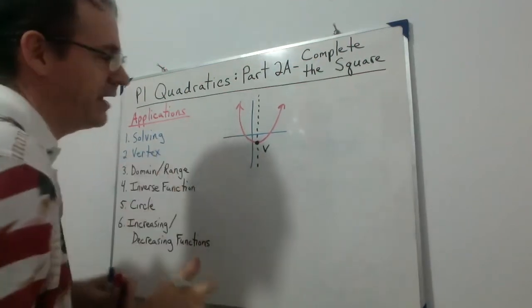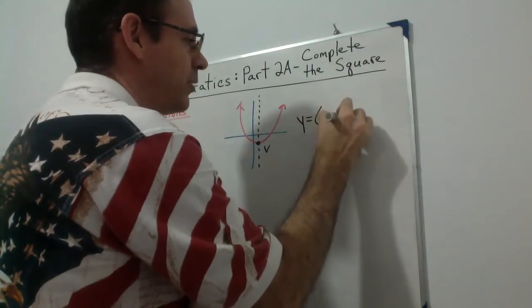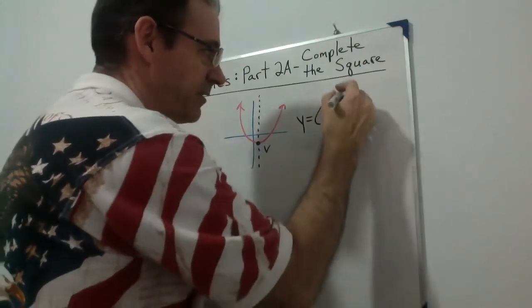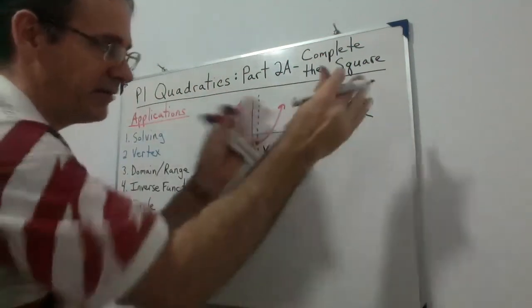Well, one of the things that your complete the square form does is put it into what I use as the h and k. The letters can change depending on curriculum or the teacher. I use h and k.